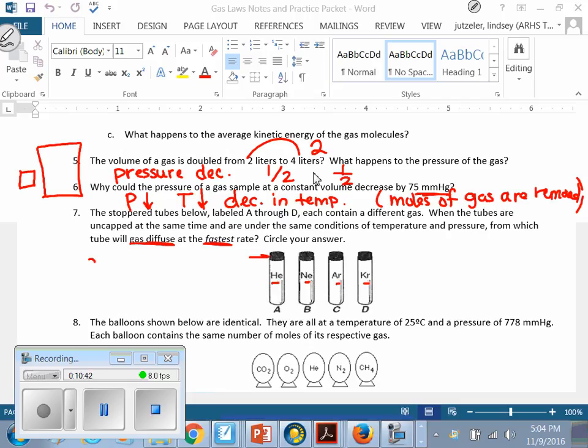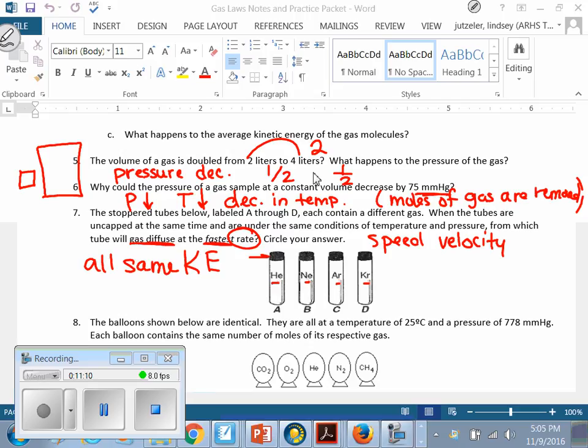Right now they all have the same kinetic energy because they're at the same temperature. So what I'm really looking at when I'm talking about rate is a speed or a velocity. How fast will these guys move out of the tube? Remember, smaller molecules move faster, bigger molecules move slower.